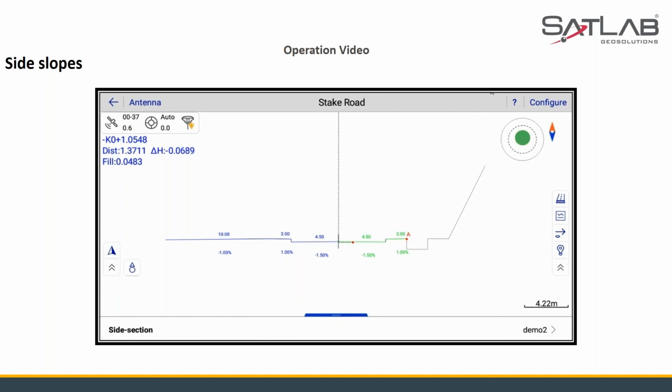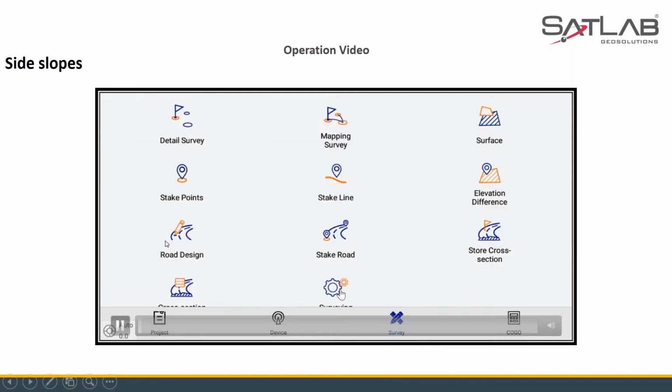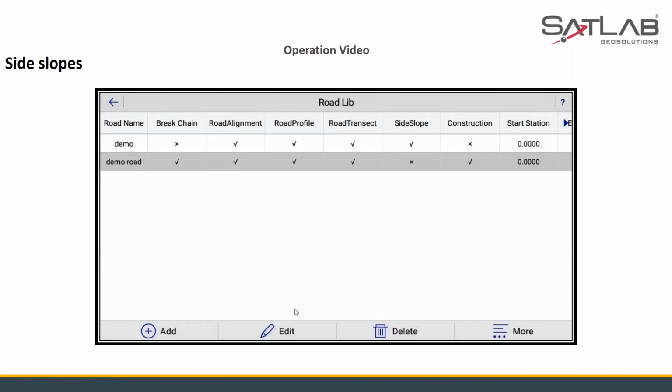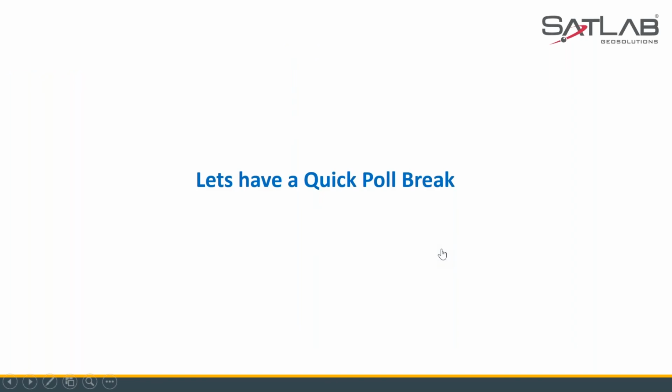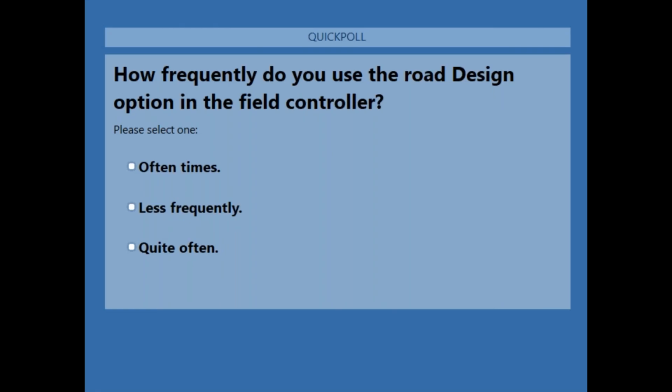Okay, so we are done with the fill side slope as well, and let's have a quick poll. This is something quite important, because we need to know how frequently you use the road design option in the field controller.